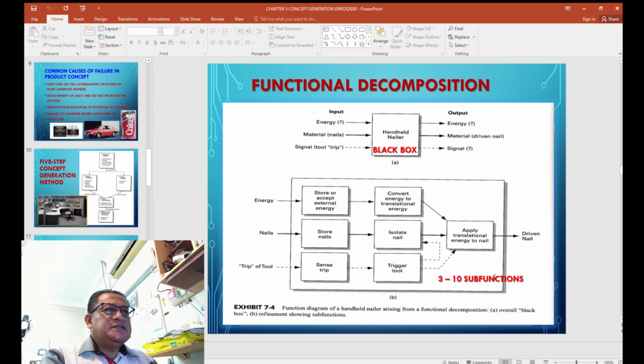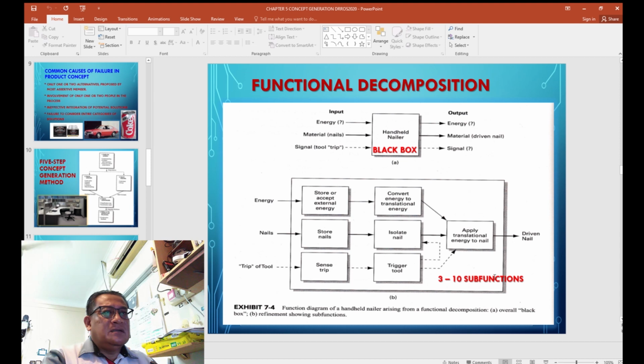And each device or product normally has input and it also has output, right? So for the device to work, you need to have energy. What energy drives the nailing machine or the roof nailer? Is it by electric, or is it by something like that Makita compressed air canister?